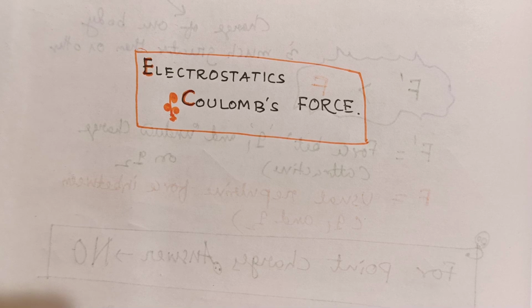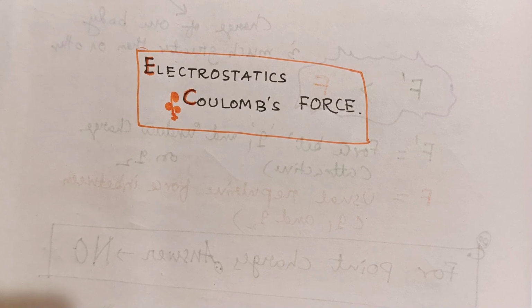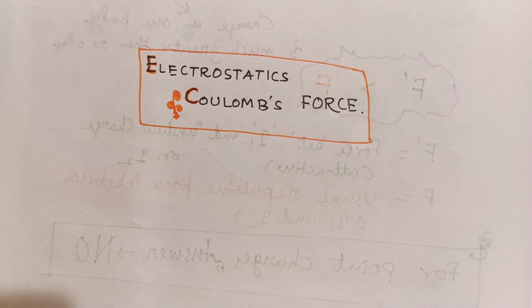In that video, the second point, the SI unit of charge is Coulomb and the SI unit of mass is kilogram, but mistakenly it was read and written reversed. So first you have to correct our mistake. The SI unit of charge is Coulomb and the SI unit of mass is kilogram.